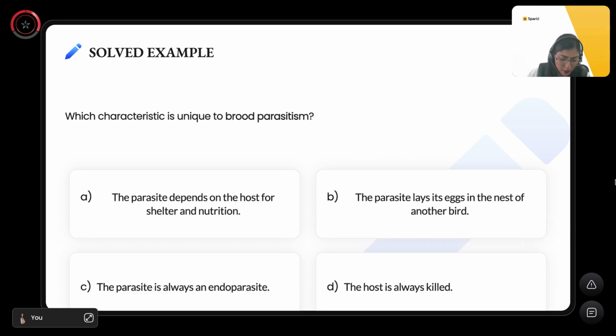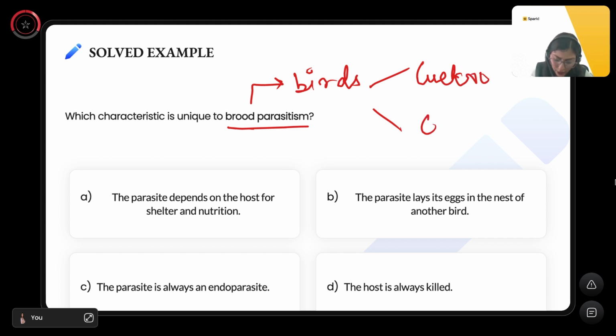Okay, next question says, which characteristic is unique to brood parasitism? Now, what is brood parasitism, beta? It is a specialized behavioral phenomenon seen in case of birds, and you will see it in case of cuckoo or quail, and its interaction with crow.